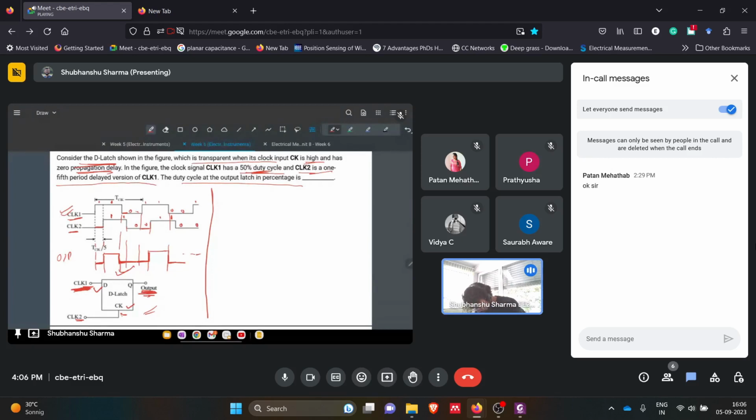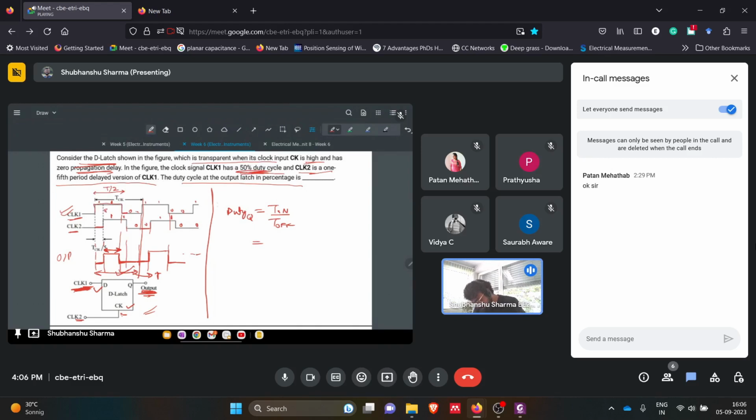So what will be this time period? This is T, full T, and the duty cycle is basically for how much time the system was in the high state. So the duty cycle for the resultant output Q will be T on by T. We have this much as T by 2, the half clock cycle, because they said it is a 50% duty cycle.